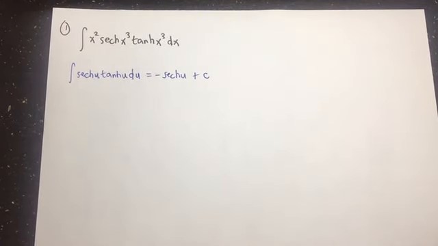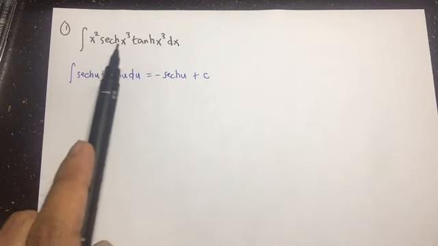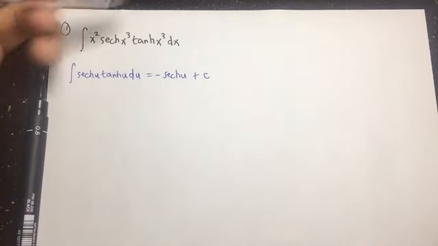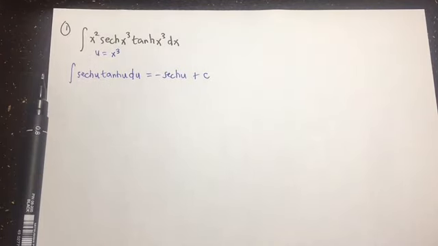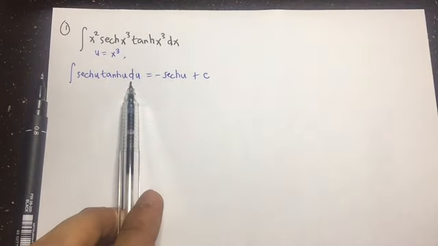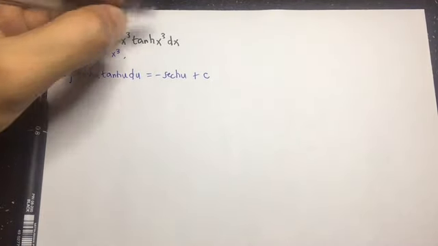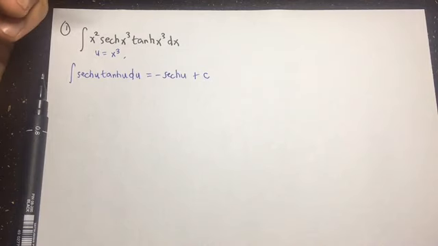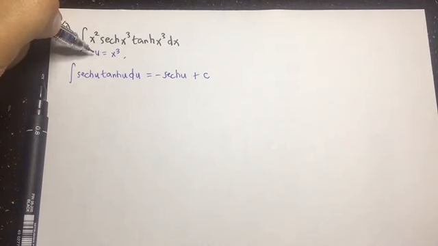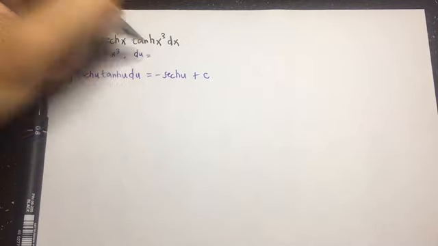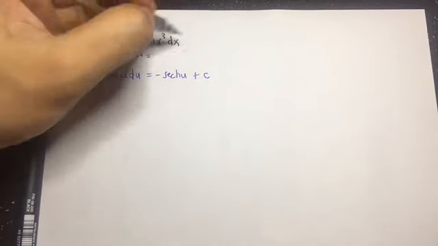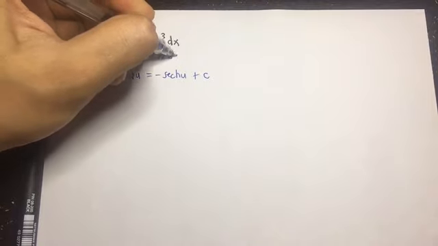Let's inspect the example. This is similar to the formula, with our u as x cubed. It's not a complete differential yet, so we should find du to complete the differential. The differential of x cubed, that is our du, is 3x squared dx.